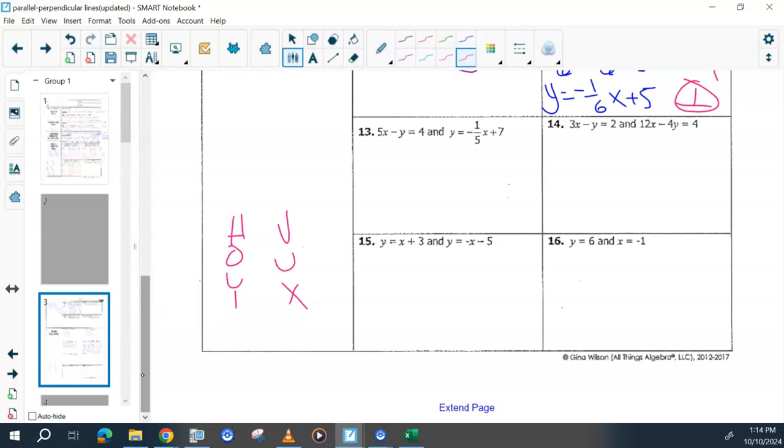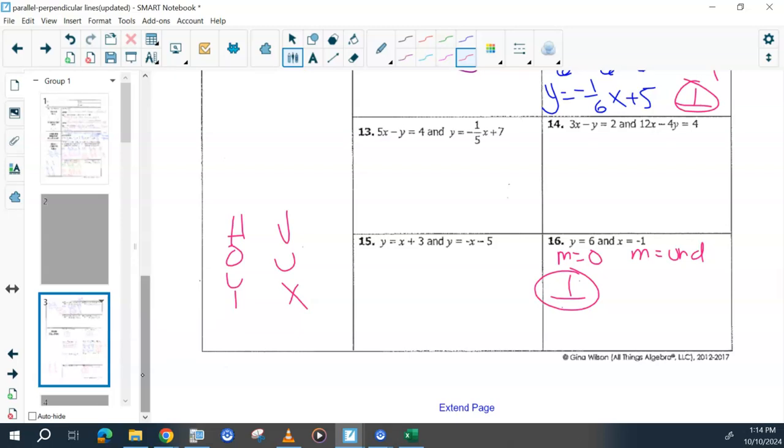It's a horizontal type of line. But what's the slope? 0. And an x equals has what type of slope? Undefined. So if I have a 0 and undefined, those are parallel, perpendicular, or neither? Perpendicular. Every single time, 0 and undefined are perpendicular.